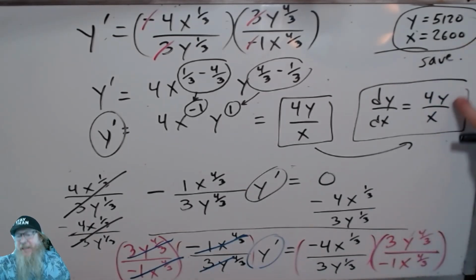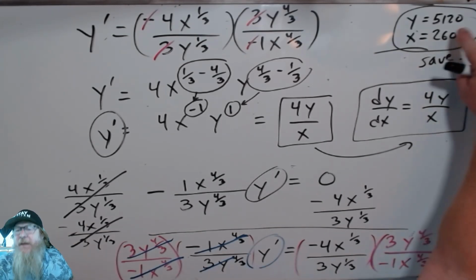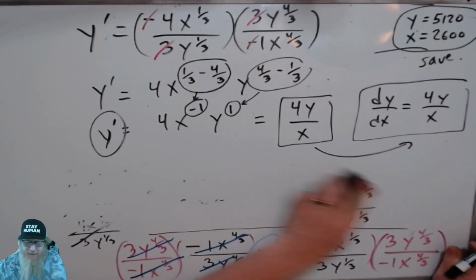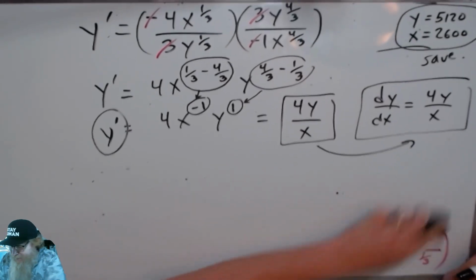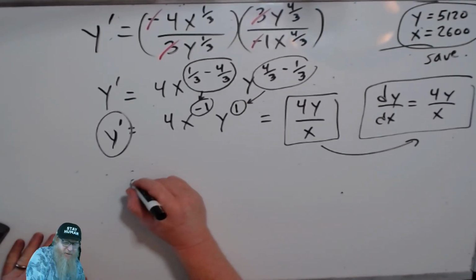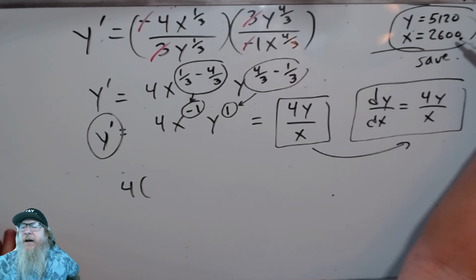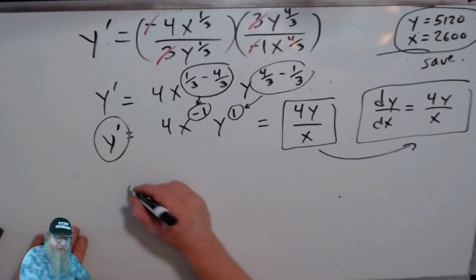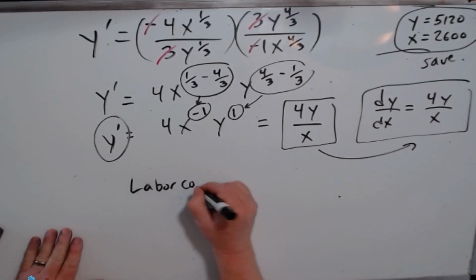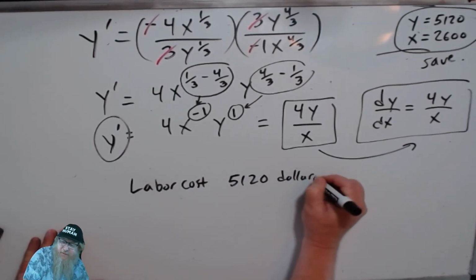Now, if this thing was horribly complicated, then I would be griefing on plugging in these numbers, but it's not going to be that bad. We can plug it in with our calculator. So 4 times, and I'm glad I wrote this down carefully. So the labor is $5,120.